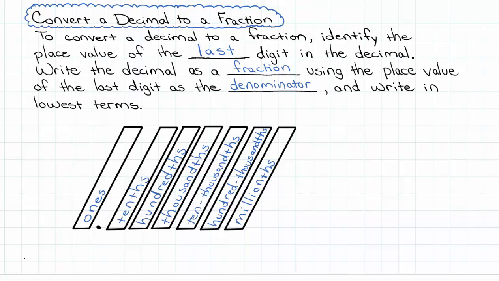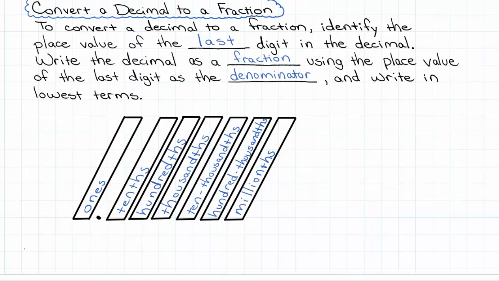We covered this in the very last objective, Objective 5, round decimals. So I just copied and pasted my little chart here. It's important to know that if the last digit of your decimal ends up being in the tenths place, then you're going to have a 10 in the denominator.